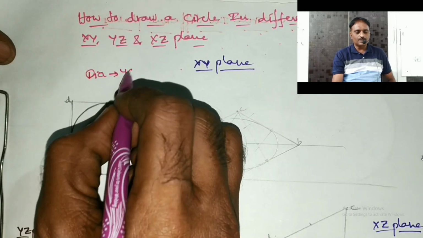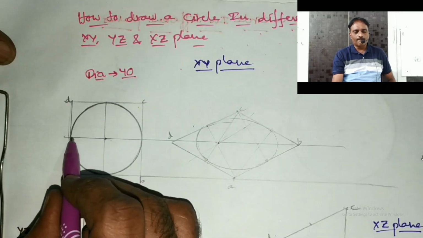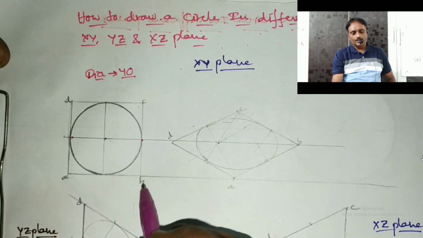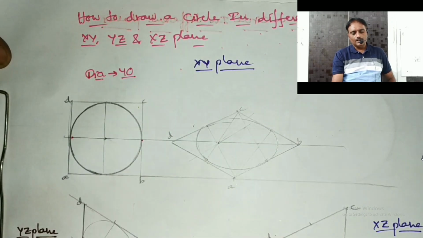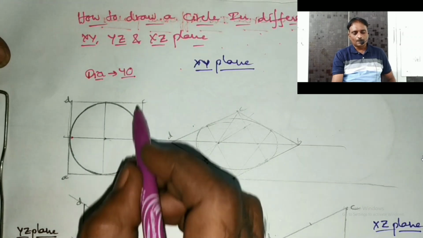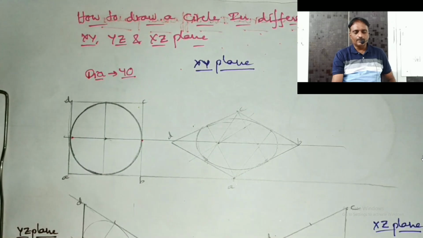For that I have to construct a square ABCD, and the midpoints also have been represented here for each side AB, BC, CD and DA.